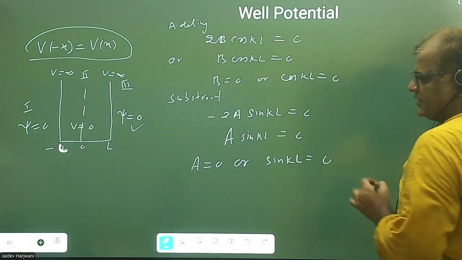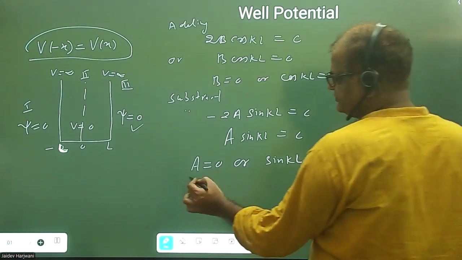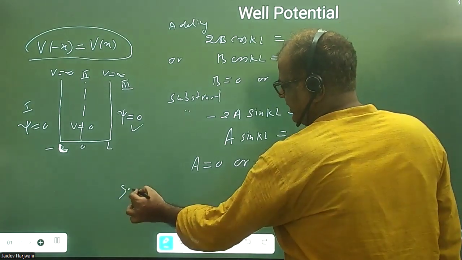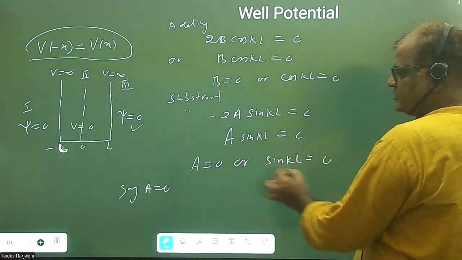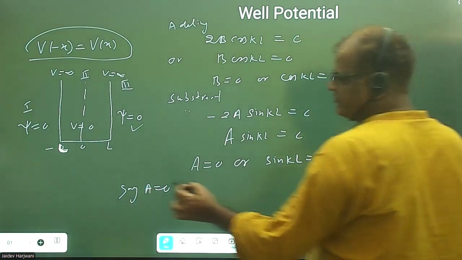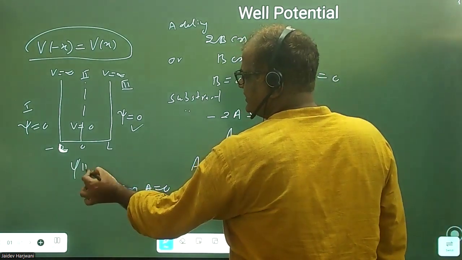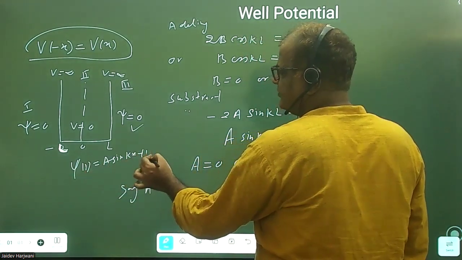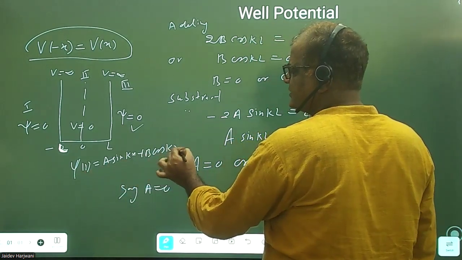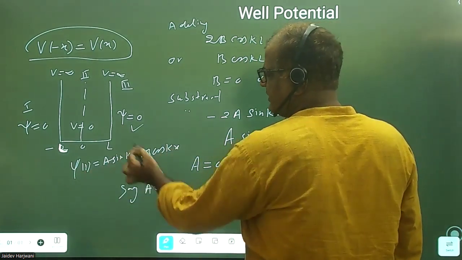So first, let us say a equals 0. Then there is no point in pursuing this one, because the function is psi of x equals a sine kx plus b cos kx. If a is 0, this part completely becomes 0.